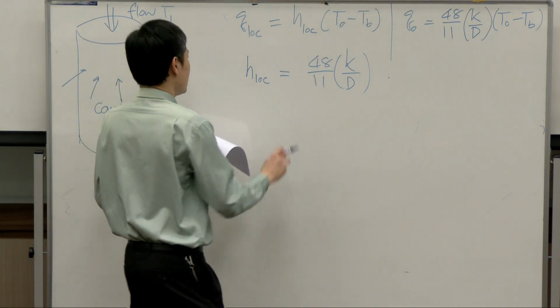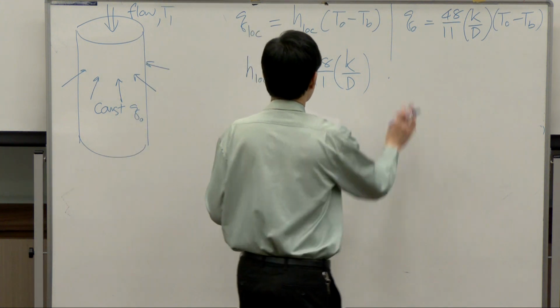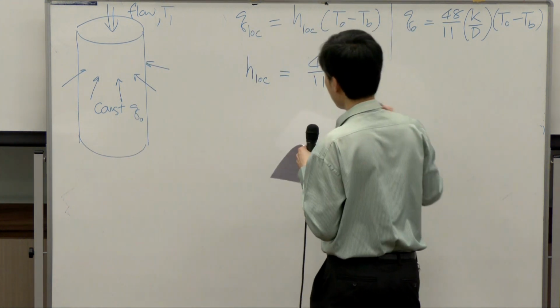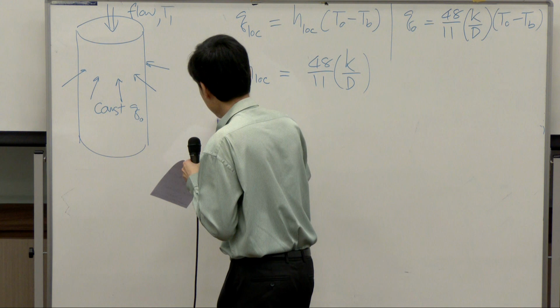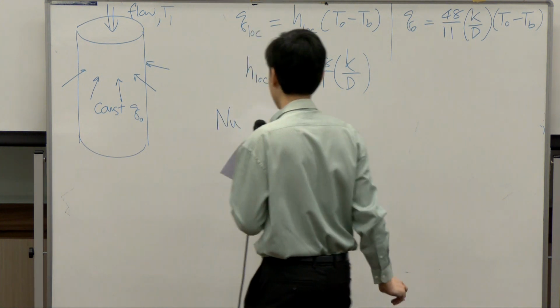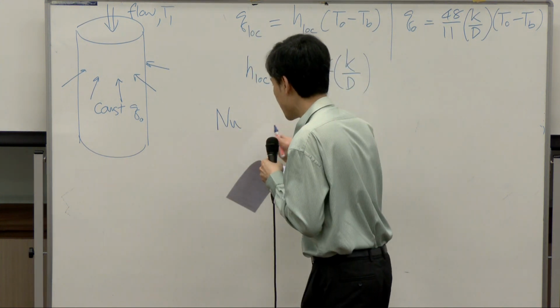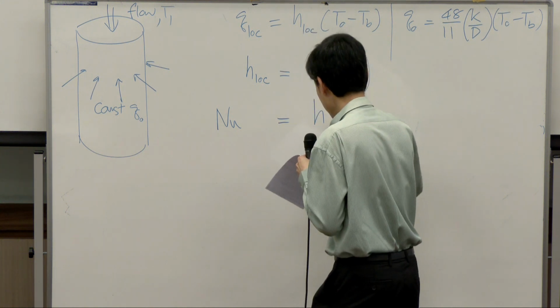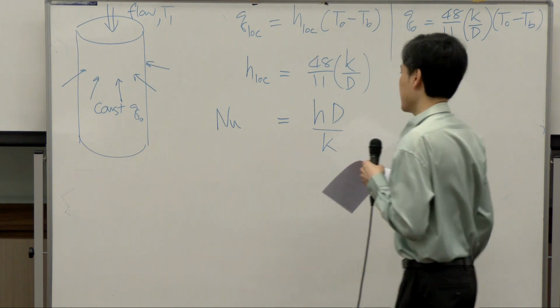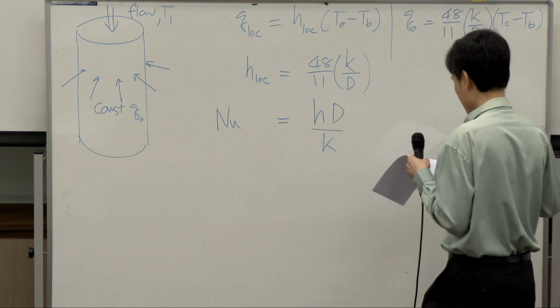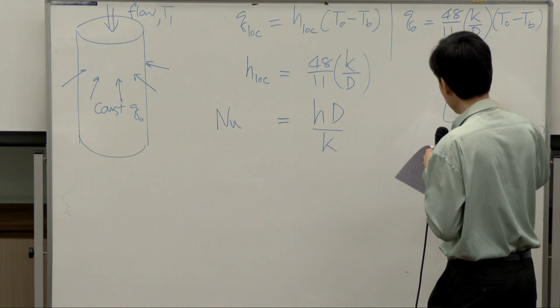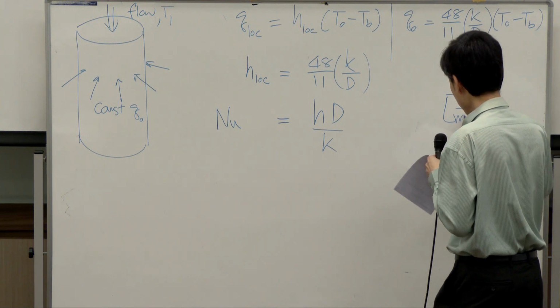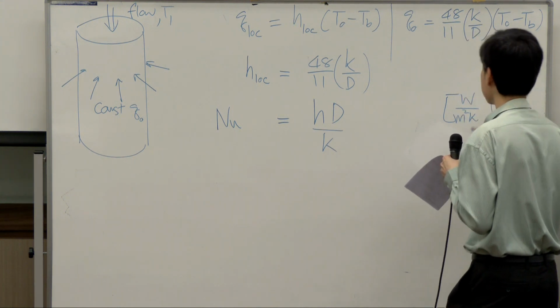Okay? To make things a little bit more universal, people try to define a dimensionless variable. This one is called the Nusselt number, H D over K. If you look at the units, the heat transfer coefficient is supposed to have units of watt per meter square Kelvin.